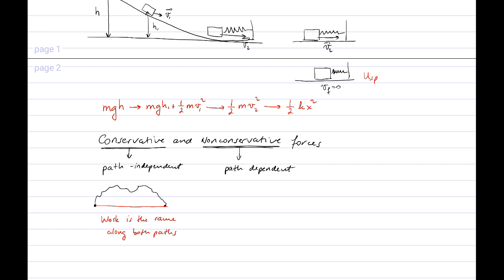Now for a path-dependent force, I start at this point, end up at that point, and here I go with squiggles as opposed to going this way. With a path-dependent force, the work is different.